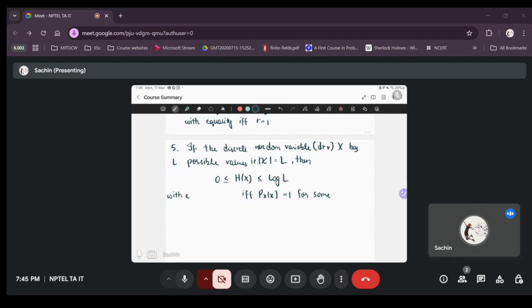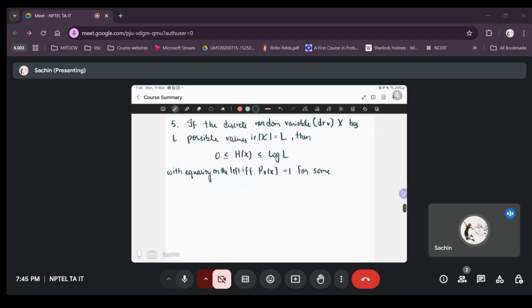First I'll write conditions for equality on the left, and that is px of x equals 1 for some x, and equality on the right is px of x is 1 over L for all x in script x.